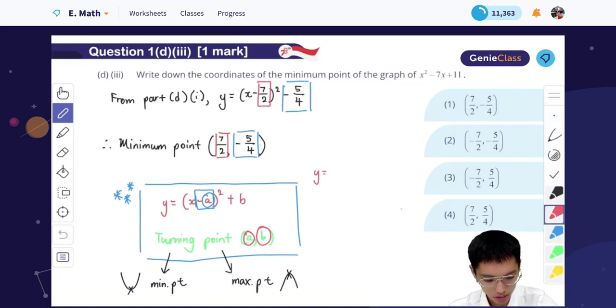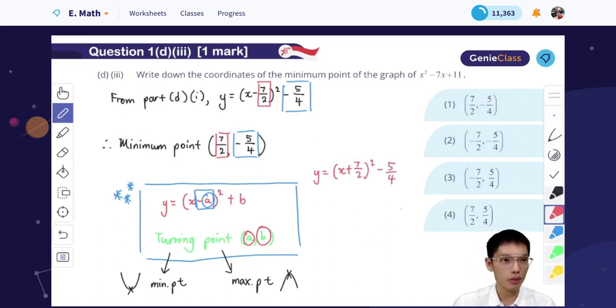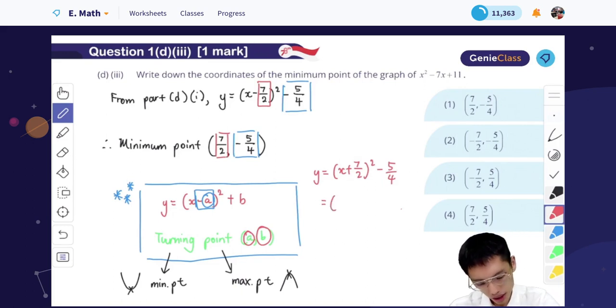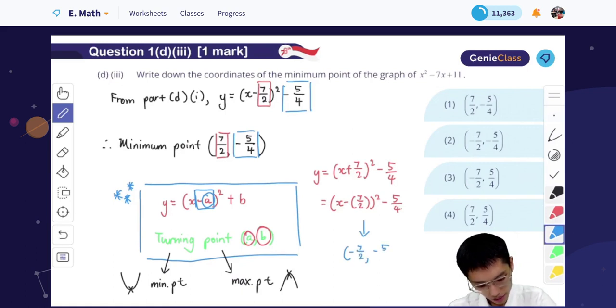So in this case, it's going to be x plus. Now over here, following this notion, plus over here, how do I achieve plus? As what Isabel said, double negative is positive. So if I were to branch it out, I have my turning point to be, in this case, negative 7 over 4, negative 5 over 4.